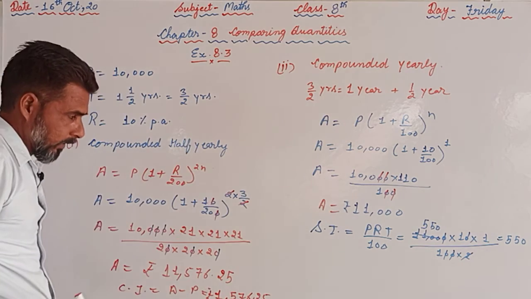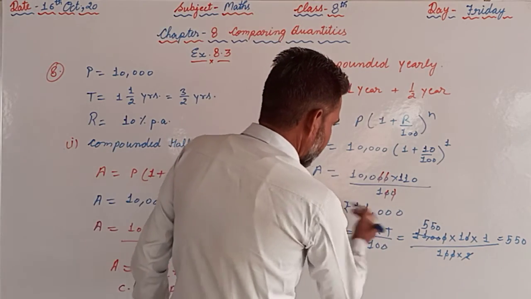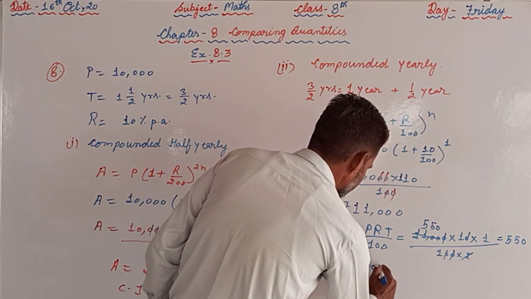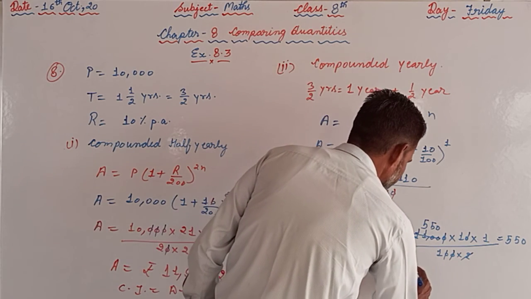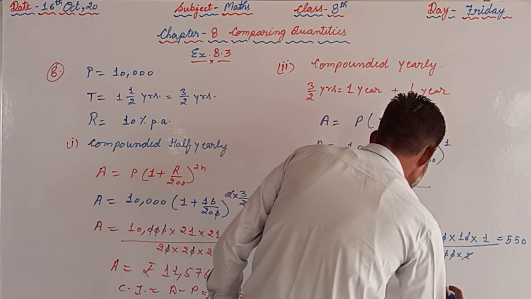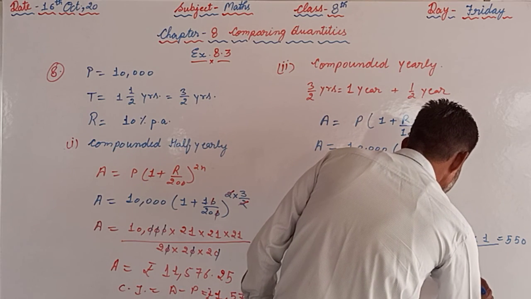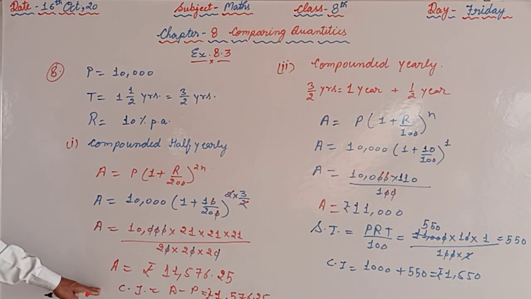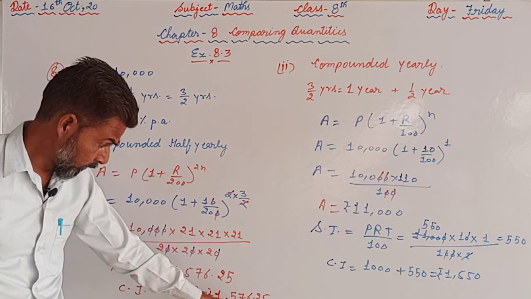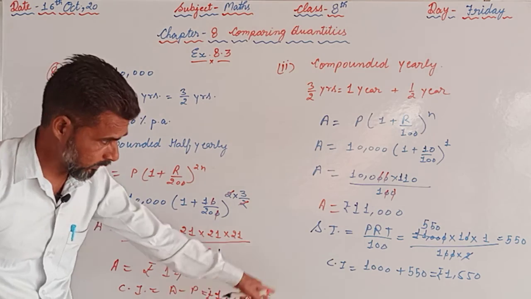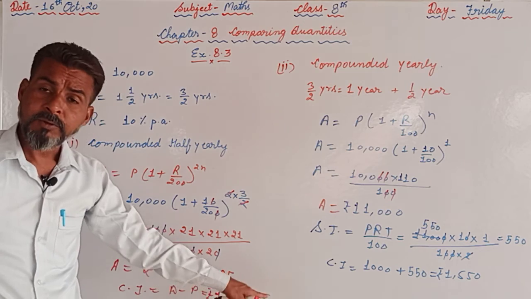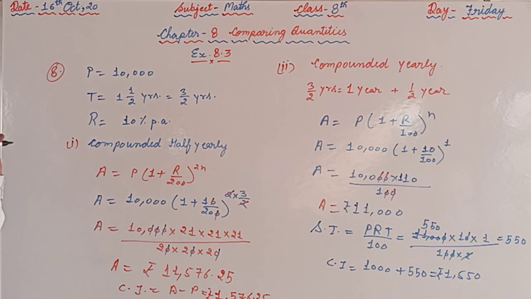And here the interest will be 1,000 in the first year and 550 for the 6 months, that becomes 1,550 rupees.